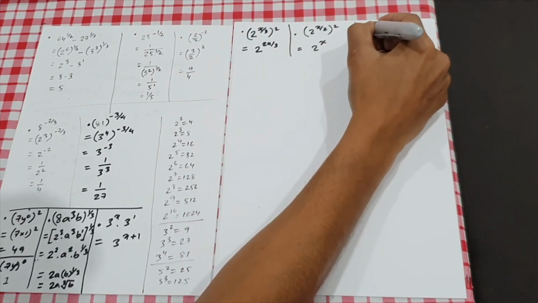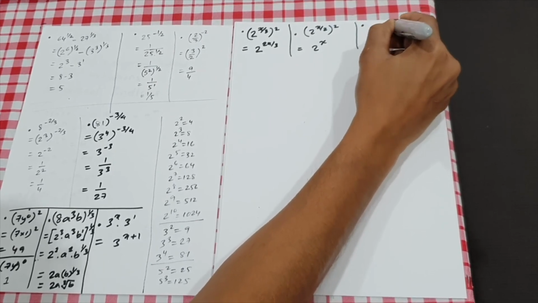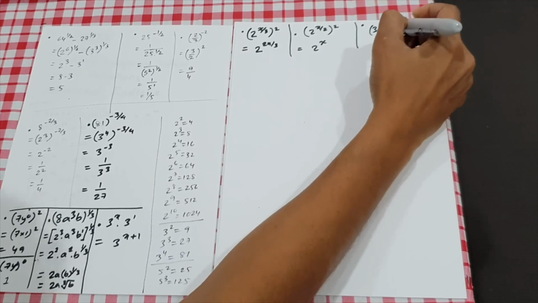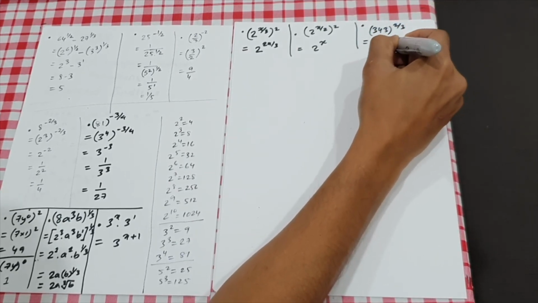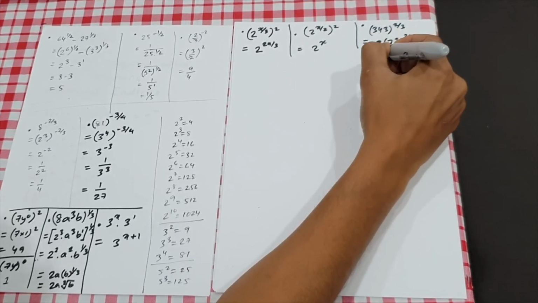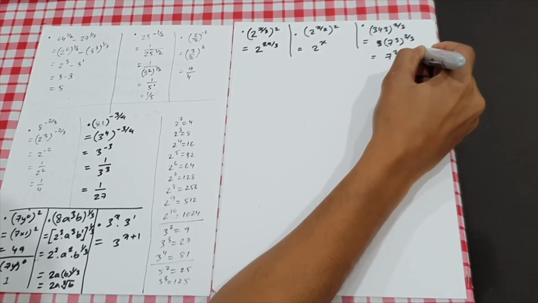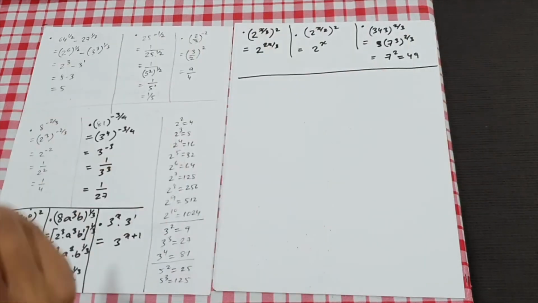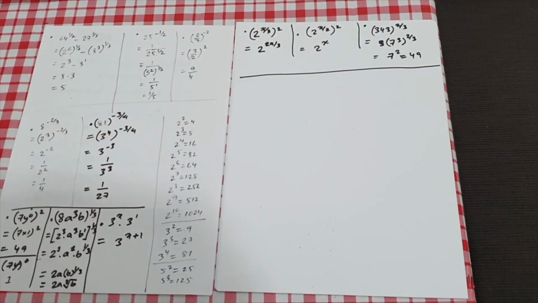Okay, so if I get 3 to the power 2 by 3 of 7 cube, when you multiply, the 3 gets cancelled. 7 squared is 49. Right? Now these are some examples we wanted to cover. Please go through this. In the next session, we will talk about scientific notation. Thank you.